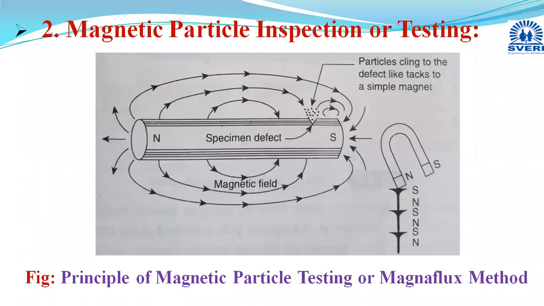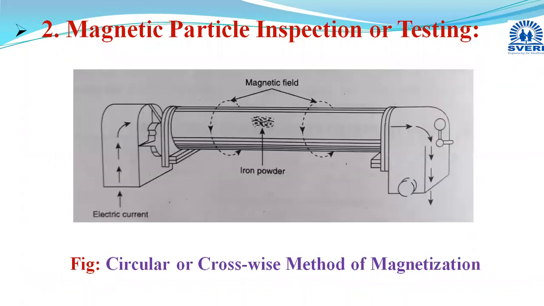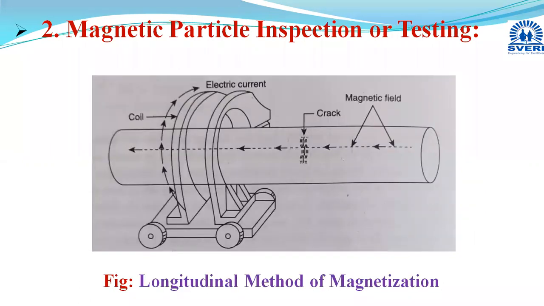And then another two types are there depending on the method of magnetization. The first type is circular or crosswise magnetic particle testing, and the second is the longitudinal method.